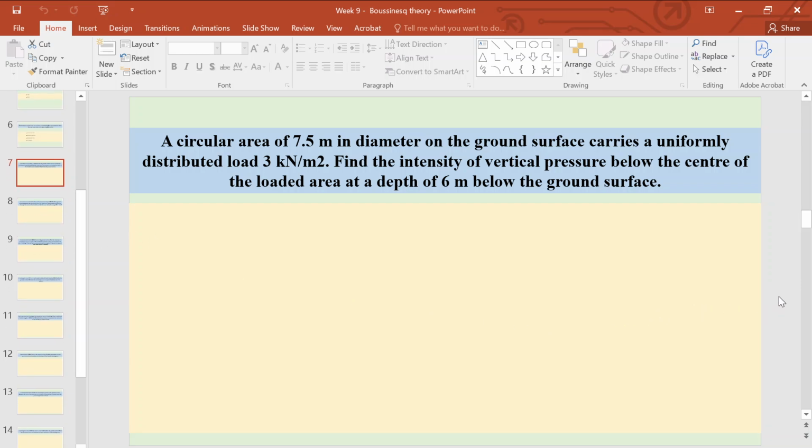I repeat the question. A circular area of 7.5 meter in diameter on the ground surface carries a uniformly distributed load 3 kilonewton per meter square.